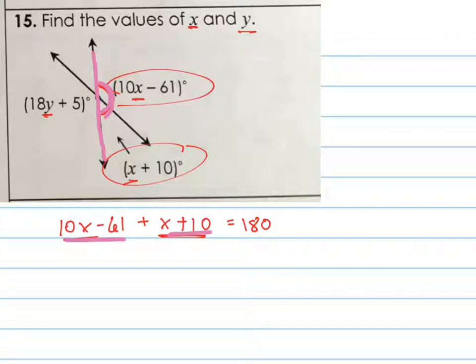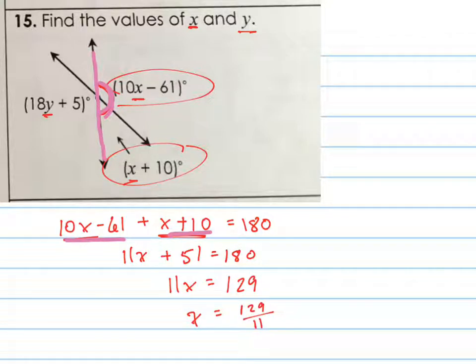So then solving for x, we get 11x plus 51 equals 180, and 11x equals 129, and x equals 129 divided by 11, and that's not a nice, pretty answer. 11.72.